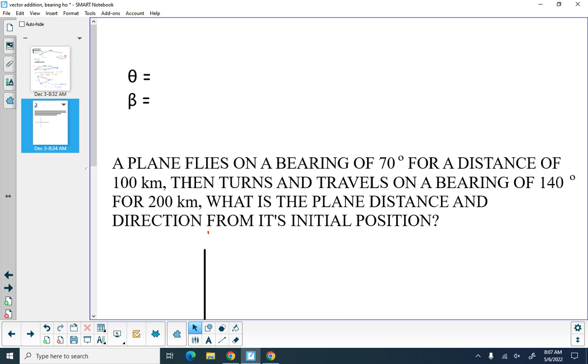Once again, where vectors are used a lot, Victor, is in the aeronautical world or in the nautical world. That means you're traveling in a boat. Because when you're in a boat out on the ocean, there's no roads out there. I'm not just going down the road here on the ocean to get over to England.